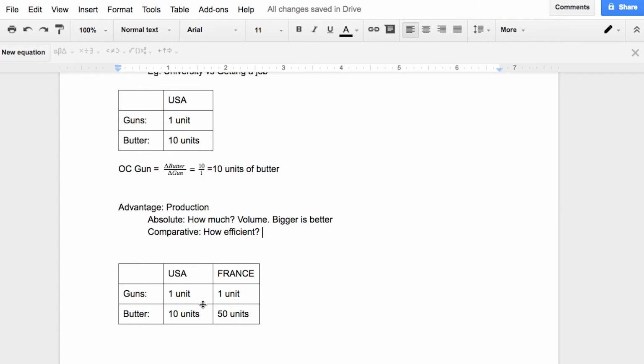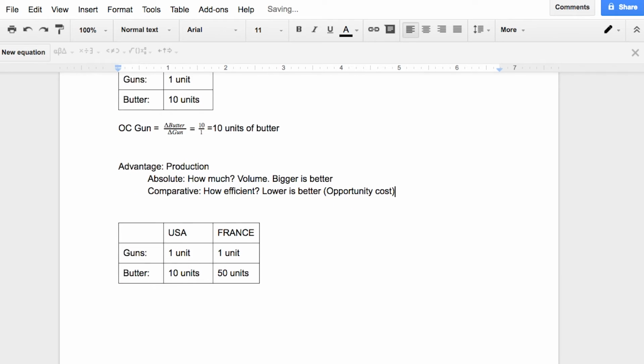So the opportunity cost of a gun in the US is 10 units of butter, but in France it's 50 units of butter. So America is more efficient at making guns, for example, because they have to give up less. So they have the comparative advantage in the production of guns. So when you think about comparative advantage, you think lower is better because you're talking about lower opportunity cost. And that's what comparative advantage is.